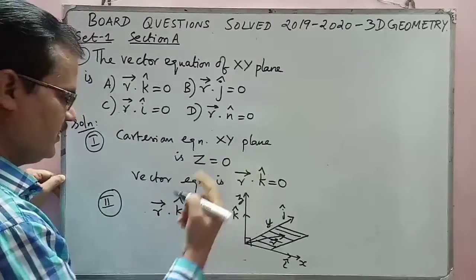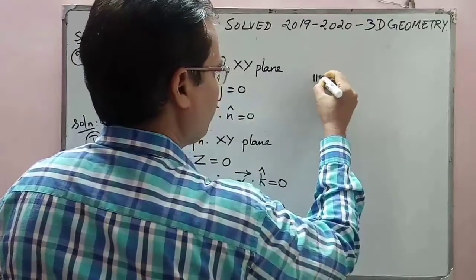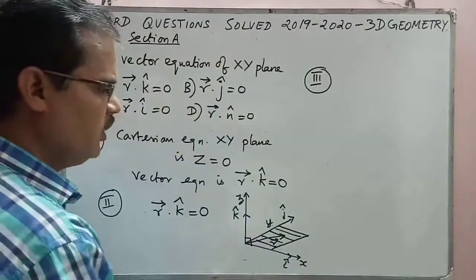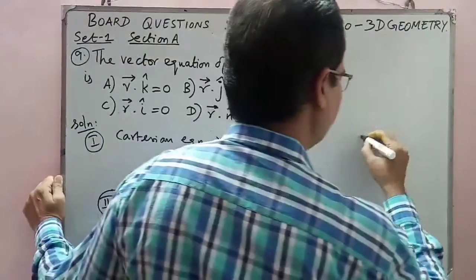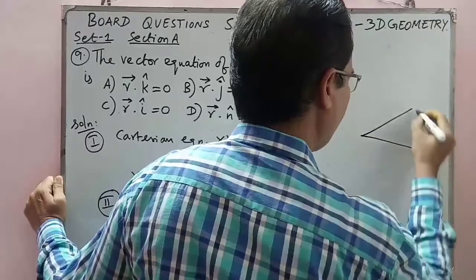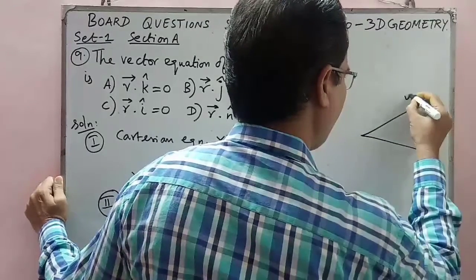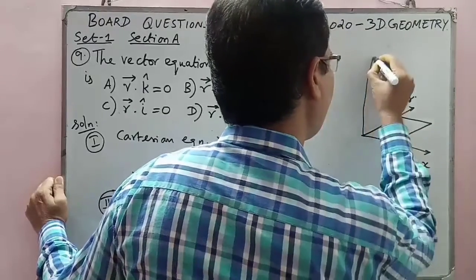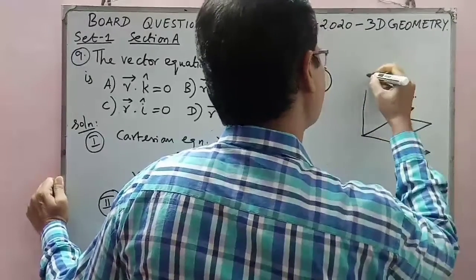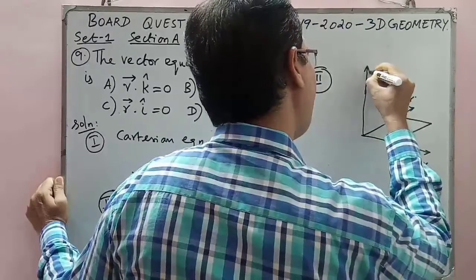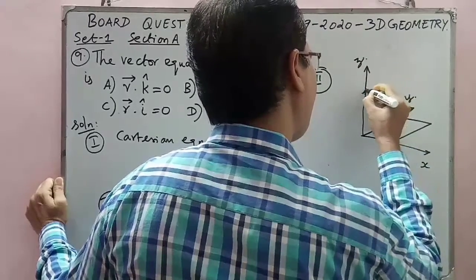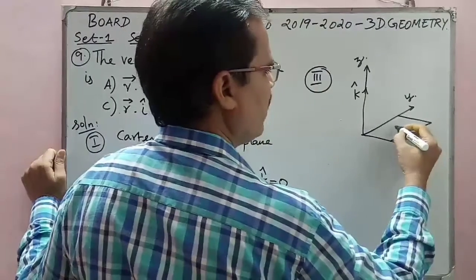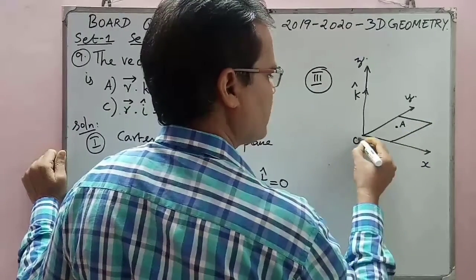Now I am going to explain the third method. Now the same xy plane I am going to draw. Now take any point A from the origin.